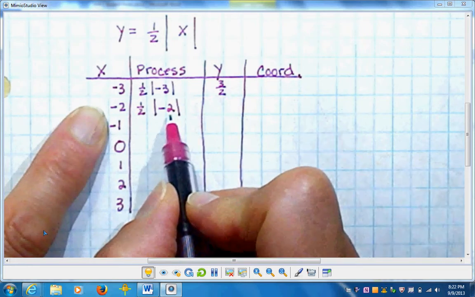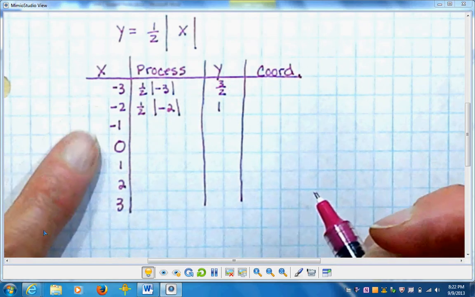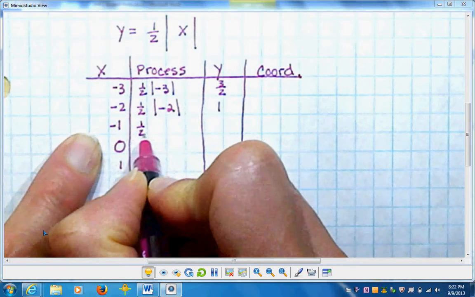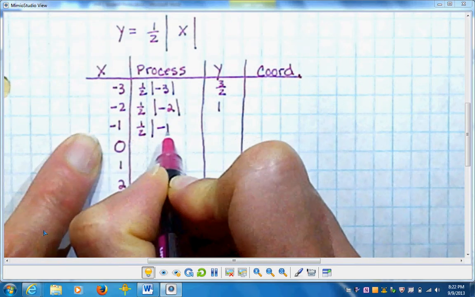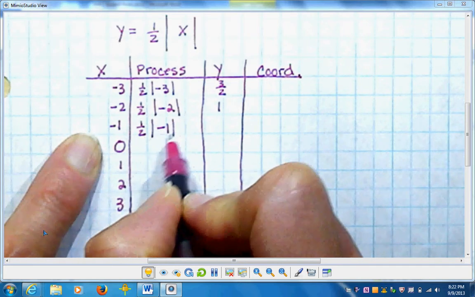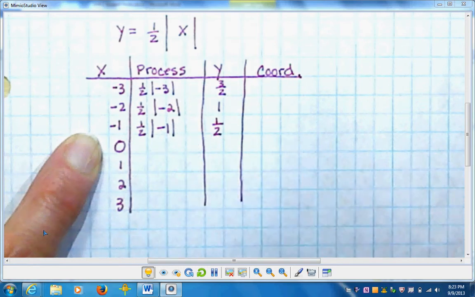Well, the absolute value of -2 is 2 times 1/2. That gives me 1. I like that number. Then I'm going to take 1/2 times the absolute value of -1. The absolute value of -1 is the same as 1, so that gives me 1 times 1/2, which gives me 1/2.